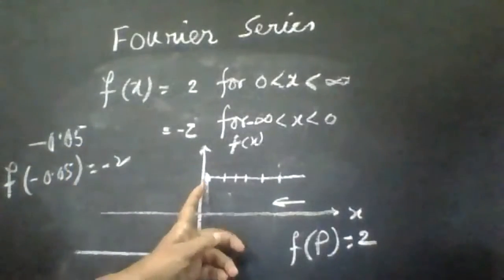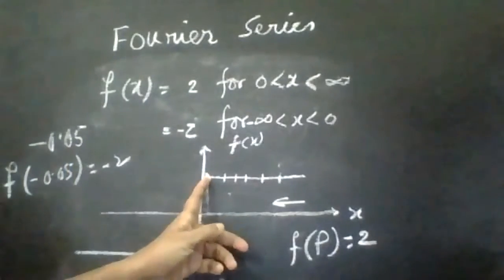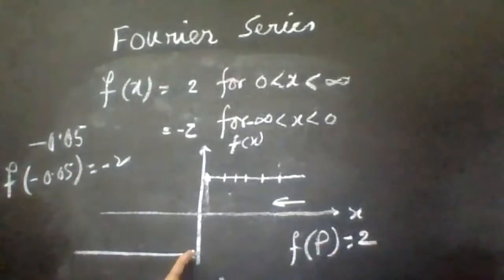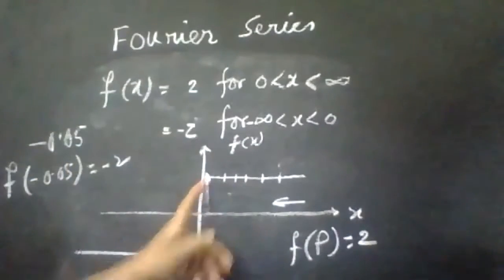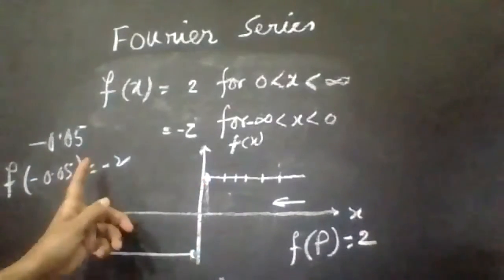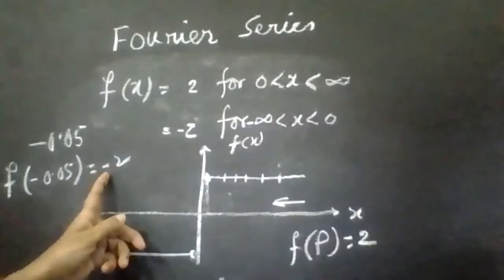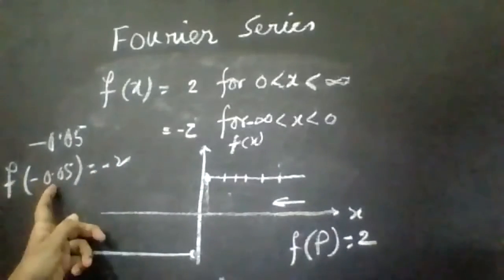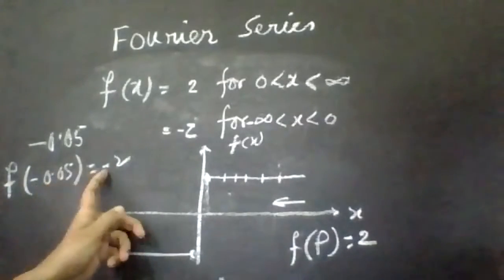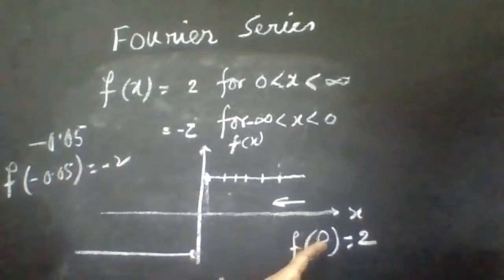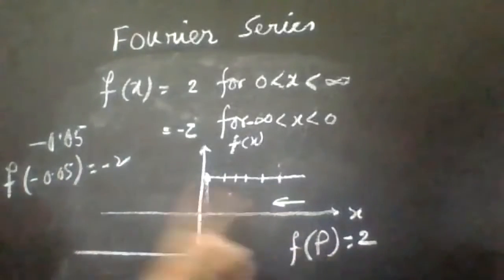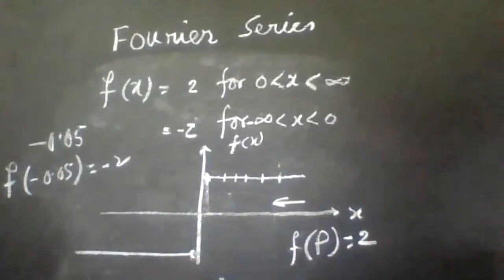So in this graph, left hand limit exists, right hand limit exists. What is the difference between them? The difference between them is 4. f of minus 0.05 is minus 2, f of 0.05 is plus 2. Therefore, together, the difference is 4.